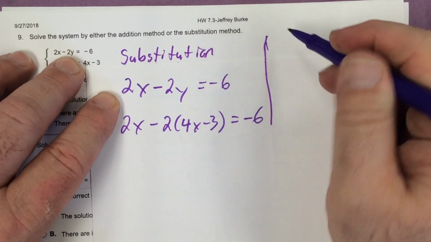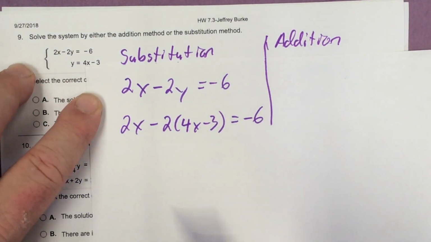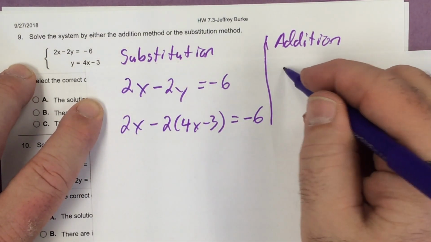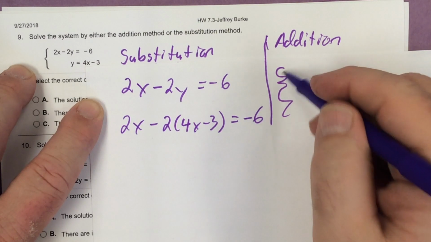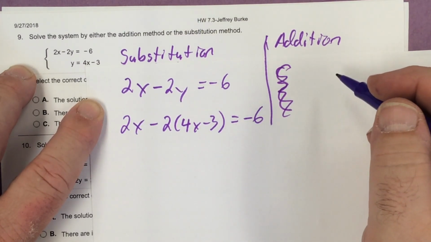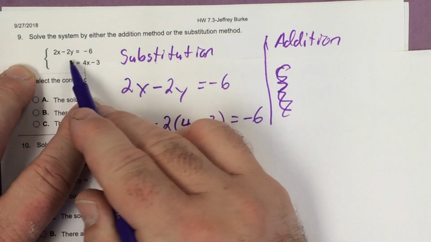If I want to do this by addition, I need to take the original equation here, and I need to get the x on the left-hand side. So when I rewrite the system, we're going to leave this as x because we have these in standard form.